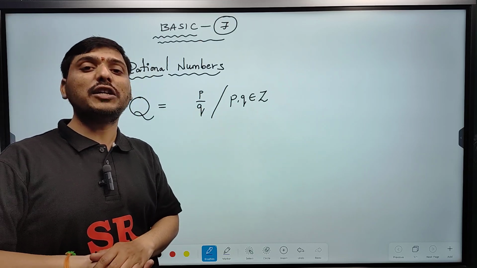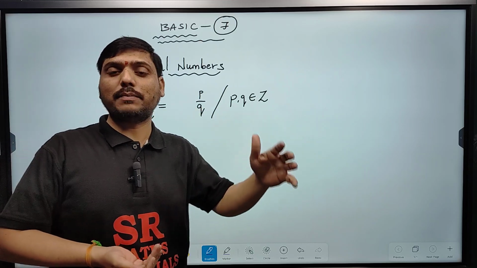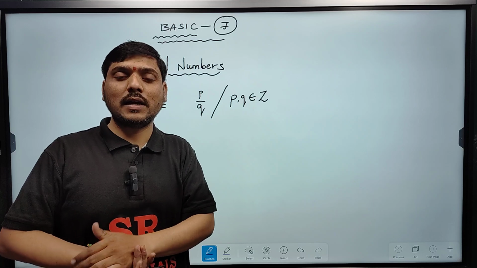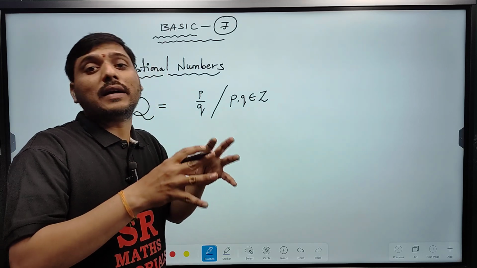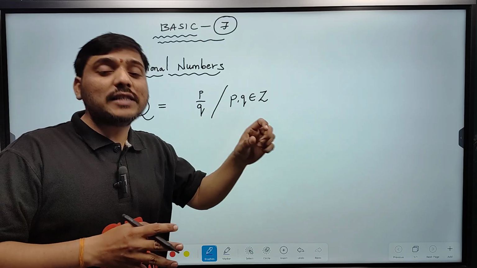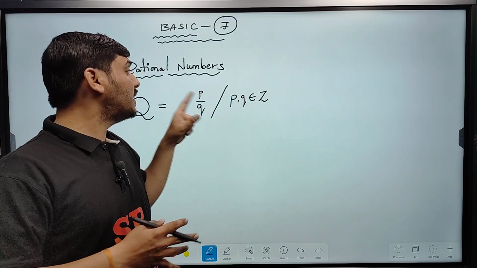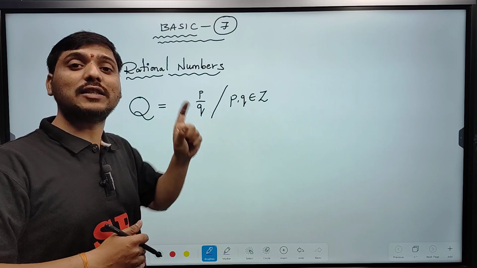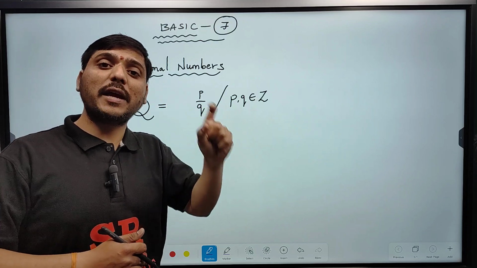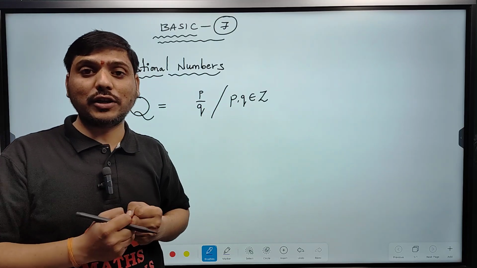You know very well integers: 1, 2, 3, 4, 5, 6, minus 1, minus 2, minus 3, and 0. Those integers I will use in these rational numbers. Here P by Q is the form of a rational number, with P comma Q from the integers.